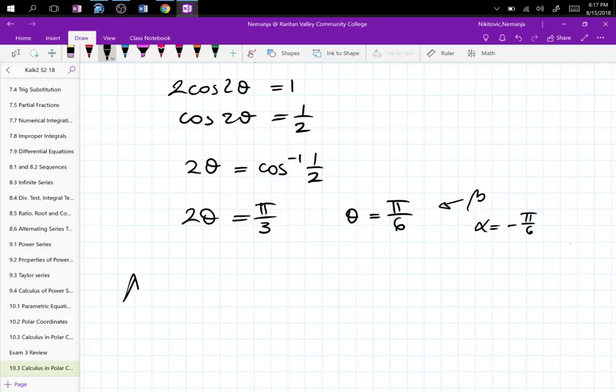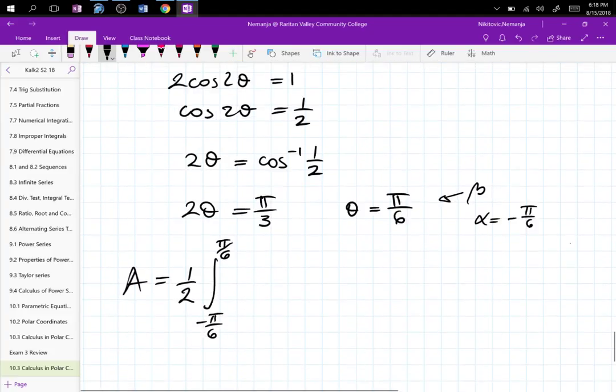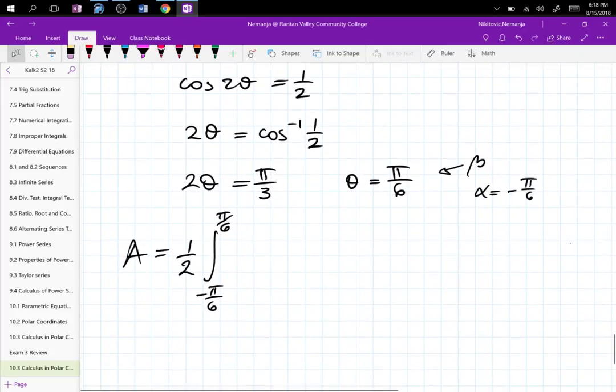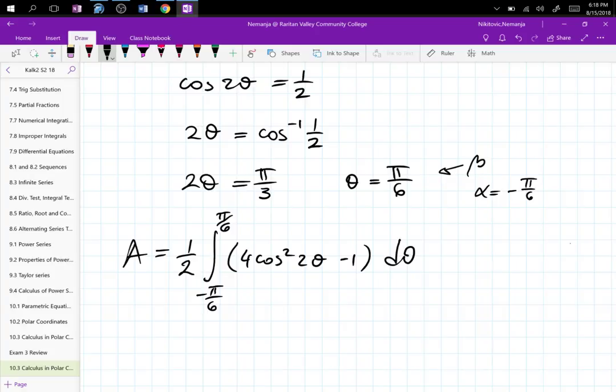So what's the area? It's going to be 1/2 integral negative pi over 6 to positive pi over 6, and then you have this mess inside. This is 4 cosine squared 2 theta minus 1 d theta, and then you go from there.